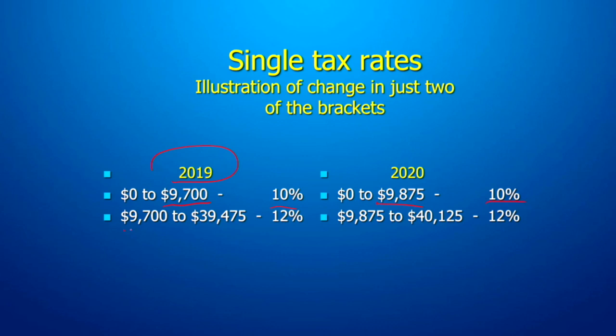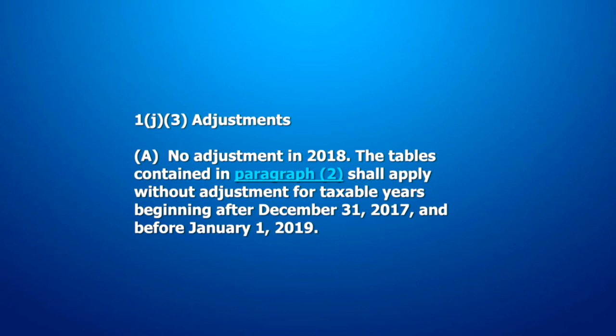And then this amount here, $9,750 up to $39,475 is taxed at 12%. Then it would go up and up after that. But for the next year, 2020, which is the year we're dealing with, since it broke at $9,875, it'll be from $9,875 up to $40,125 this year, a rate of 12%. So you're seeing these things slide up as well. Understanding how these adjustments work makes a lot of sense.